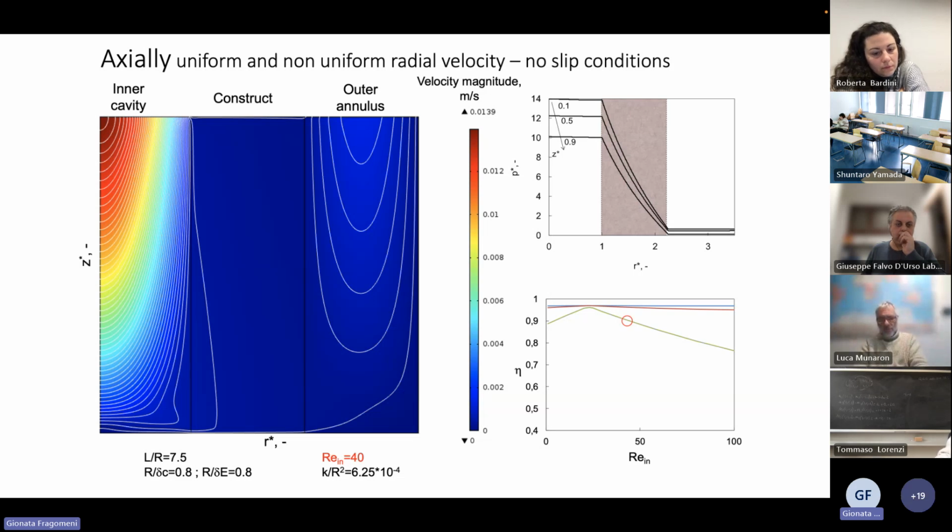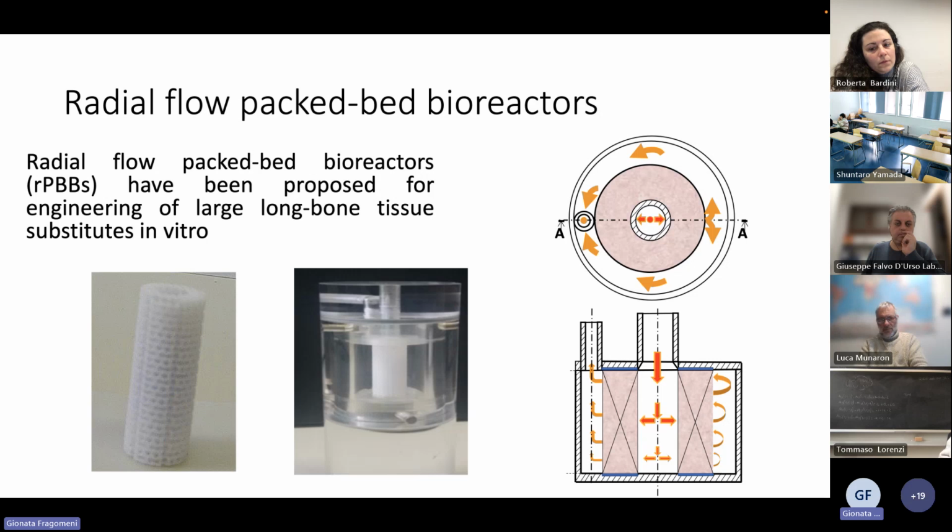And we have also simulated an asymmetric packed bed bioreactor. This is a scheme of the bioreactor.